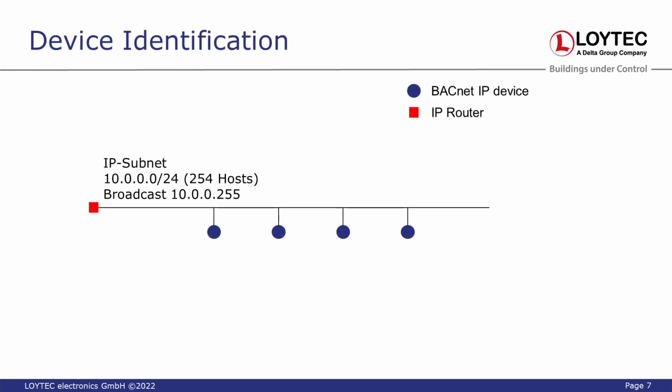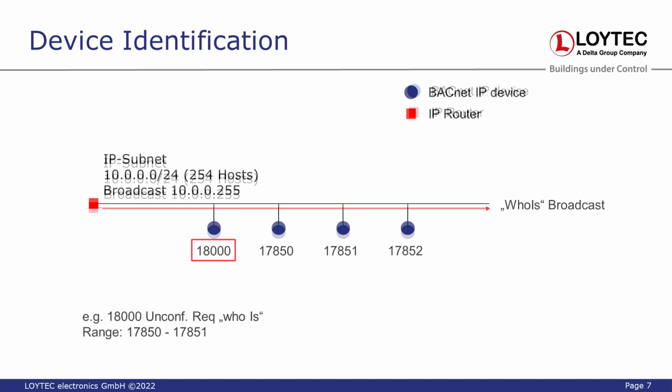Take a look at this network configuration. The broadcast address is 10.0.0.255, and if you now start a device scan on one of these BACnet devices, then a local broadcast with the service choice "Who-Is" will be sent to the broadcast address of the subnet. The broadcast message includes a property which defines the device instance number range which shall be scanned.